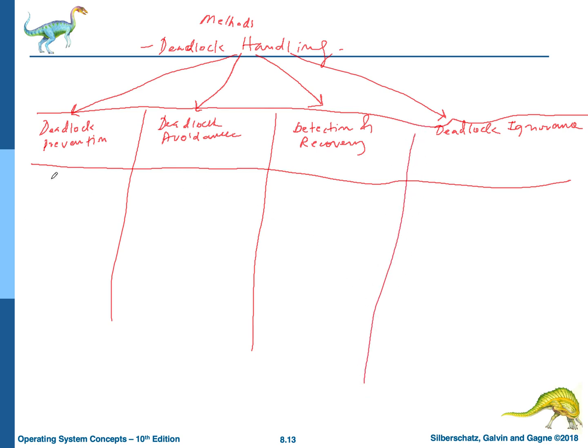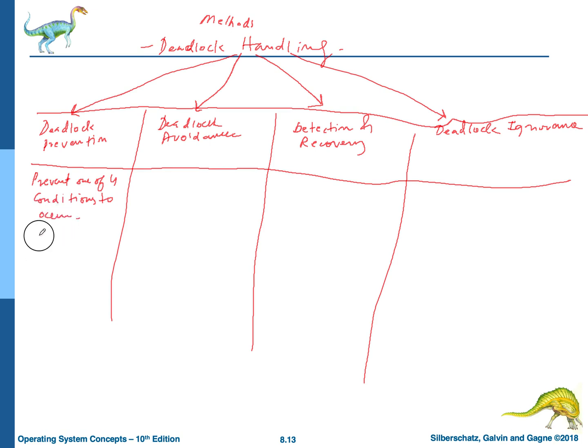Okay, number 1 is deadlock prevention. Now in this method we prevent one of the 4 conditions from occurring.